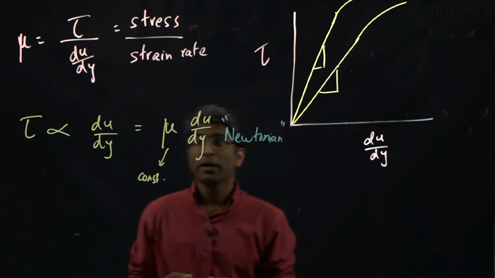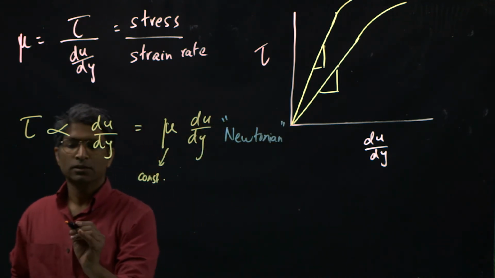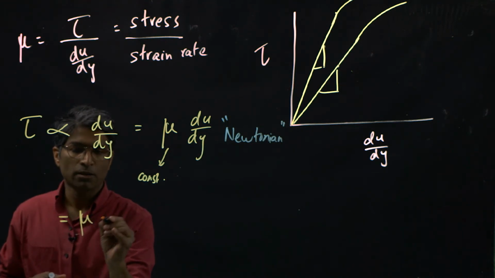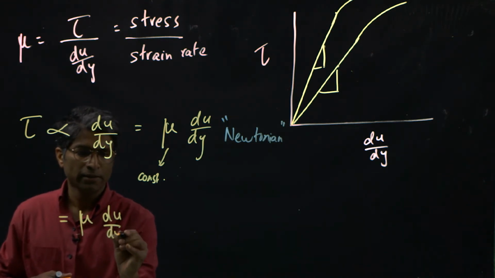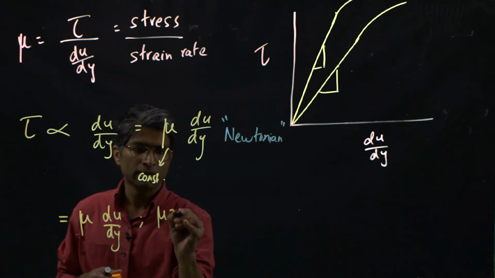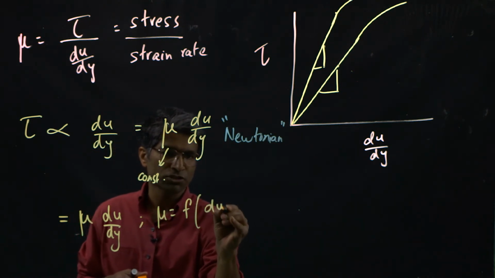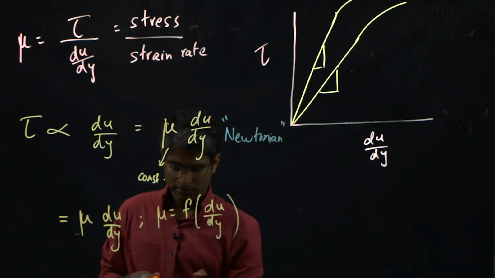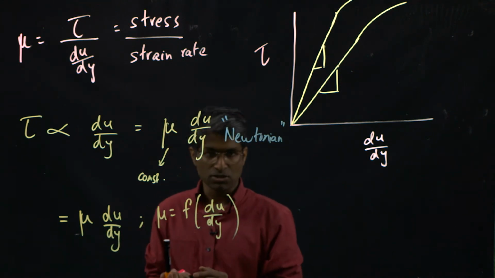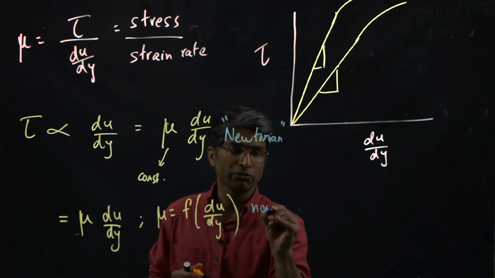And when tau equals some mu du dy, where mu in turn is some complicated function of the strain rate, then this is what is called non-Newtonian behavior.